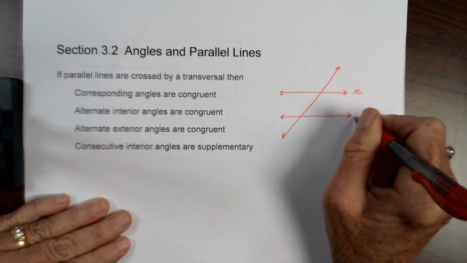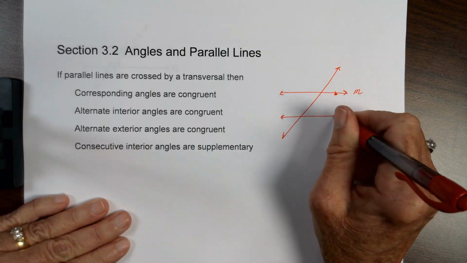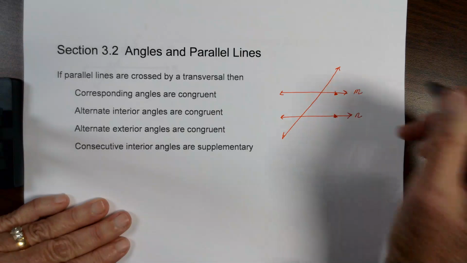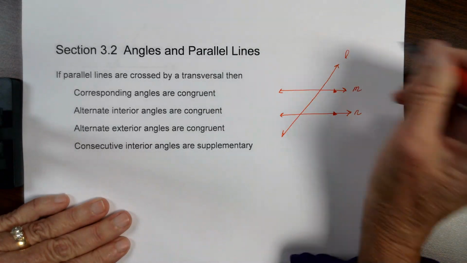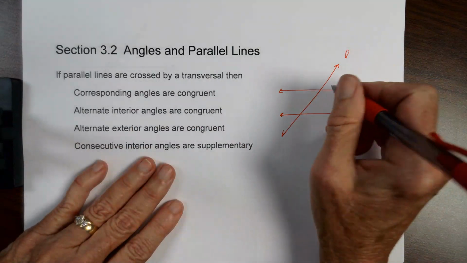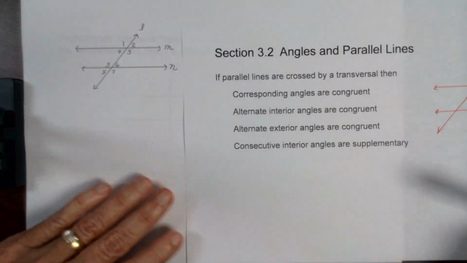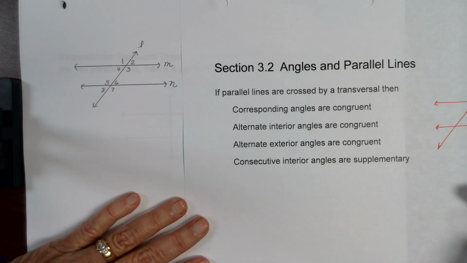So on this one I would say M and N are parallel, and they're noticed to be parallel because they both have a triangle on them, and perhaps are cut by a transversal L. Well, I know corresponding angles would be congruent, and I think I drew these out. I did. So we're going to try and put those all together on one thing.